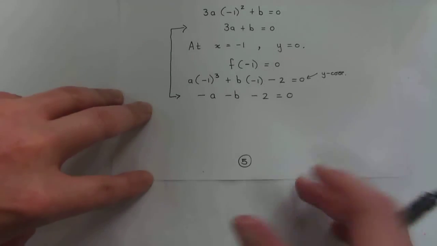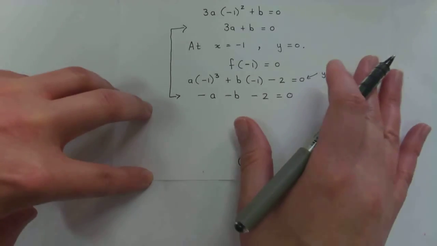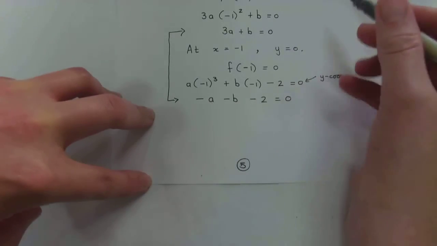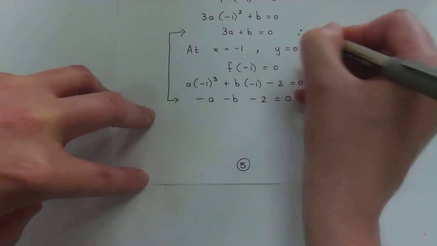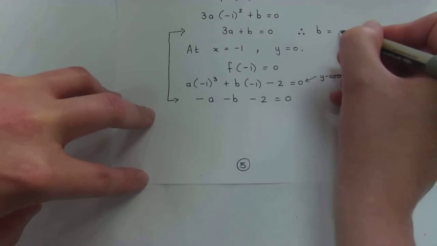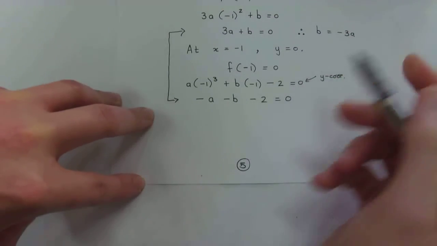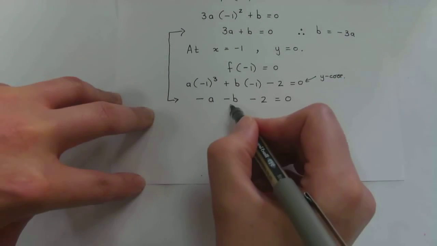So in order to solve it simultaneously, I can just go back to this equation and say, let's write b on its own. So let's say b is then equal to -3a. So that's the value I'm going to be substituting in here.